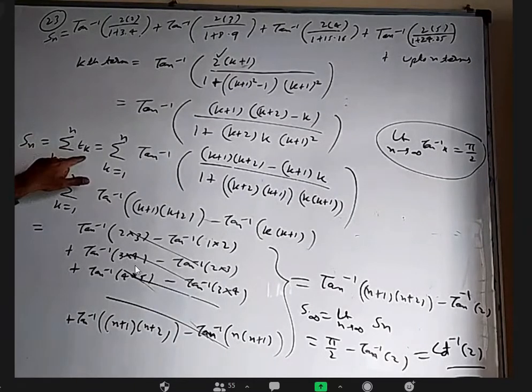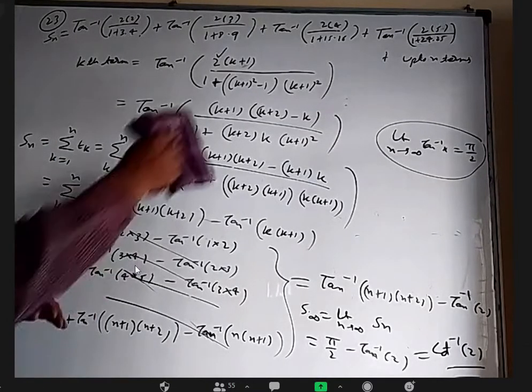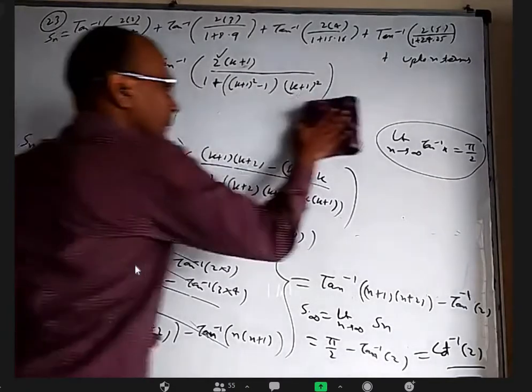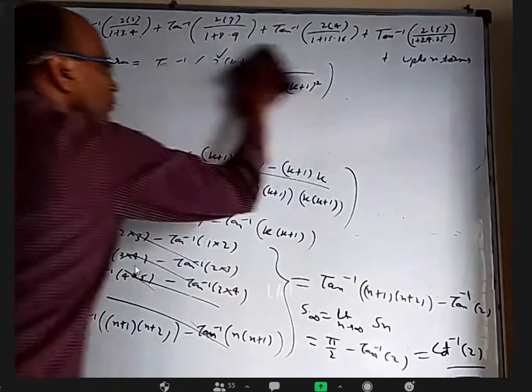Sn equal to sigma k equal to 1 to n of tk, the kth term. Okay, I'm going to erase some part. The down part we will use, sir.